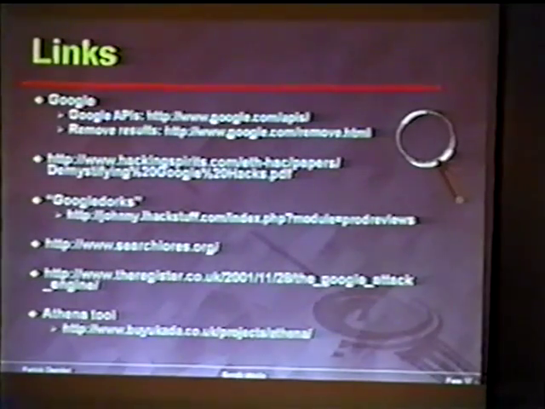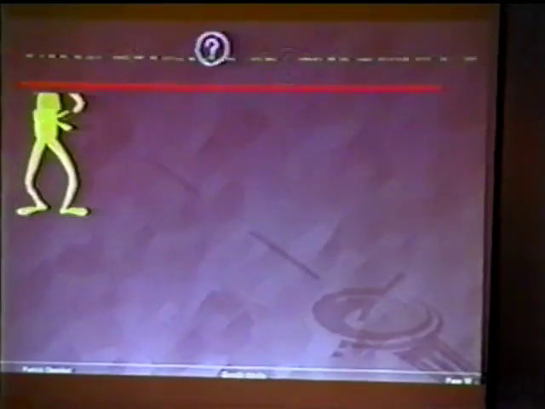So you have some links here about Google, in particular Google APIs, very interesting and useful APIs, and some articles and websites about Google attacks. The one from Johnny Long, Google Docs. Johnny Long is doing a presentation on Google attacks now. And then some other tools like Athena tools, a very useful tool. Okay, so if you have questions, it's now.